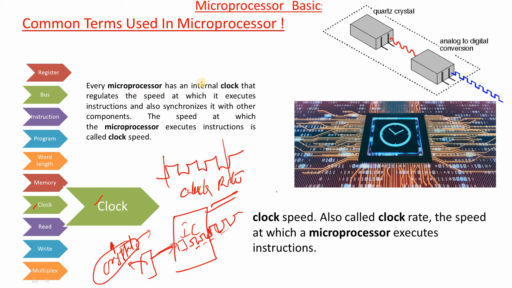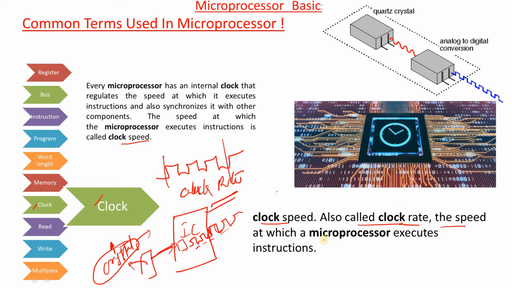So every microprocessor has an internal clock that regulates the speed at which it executes instructions and also synchronizes it with other components. The speed at which the microprocessor executes instructions is called clock speed. Same here, clock speed is also clock rate. Clock rate is defined as per second how many clock pulses we are going to receive from the external source.